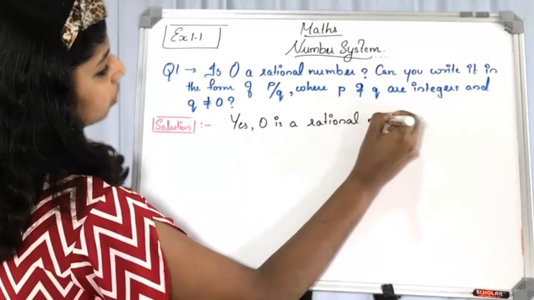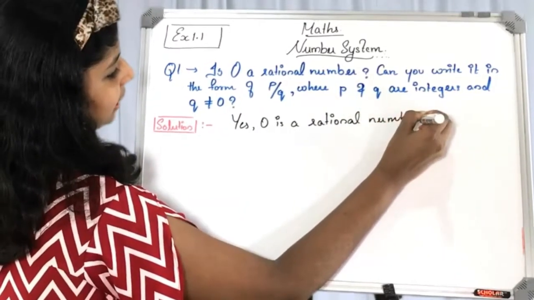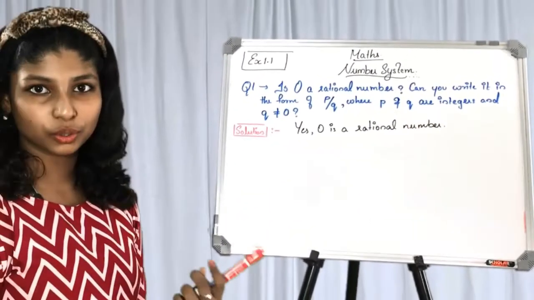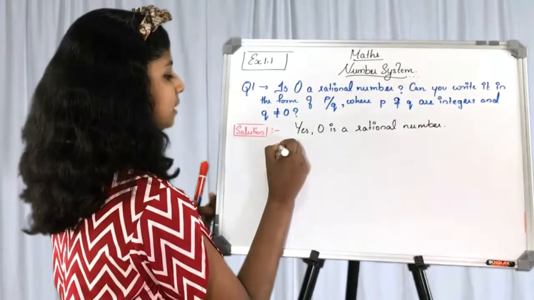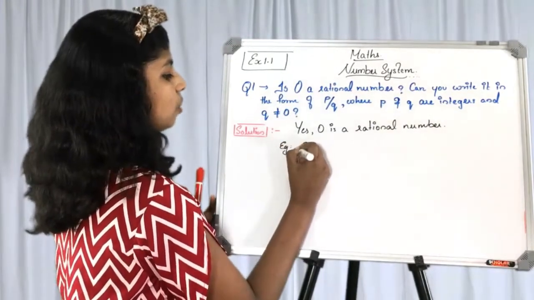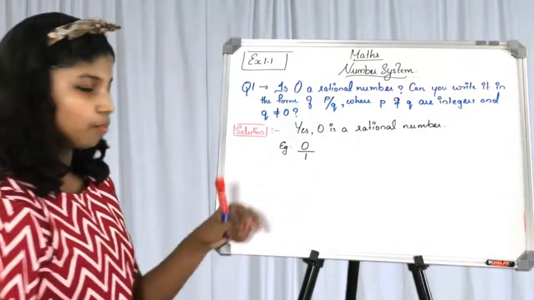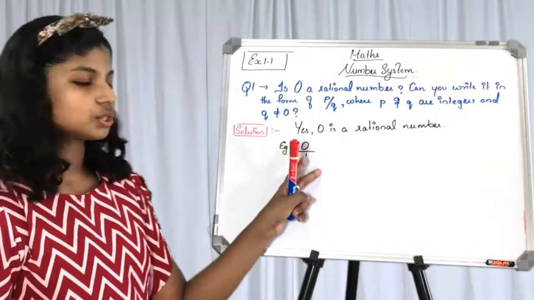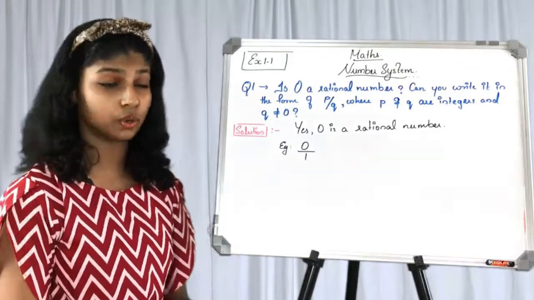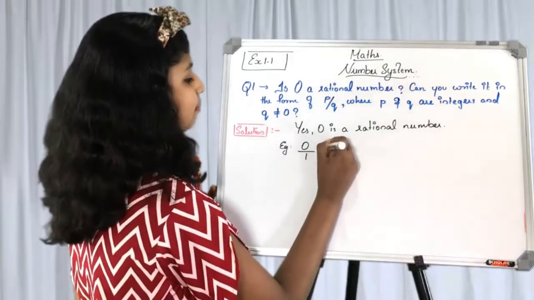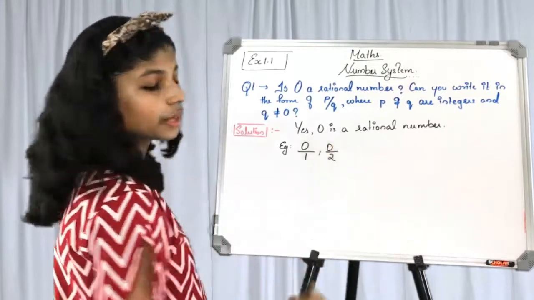and also we can write it in the form of p by q, right? For example, let's say 0 by 1. This is in the form of p by q, right? Both are integers, and also q is not equal to 0. Another example is 0 by 2.